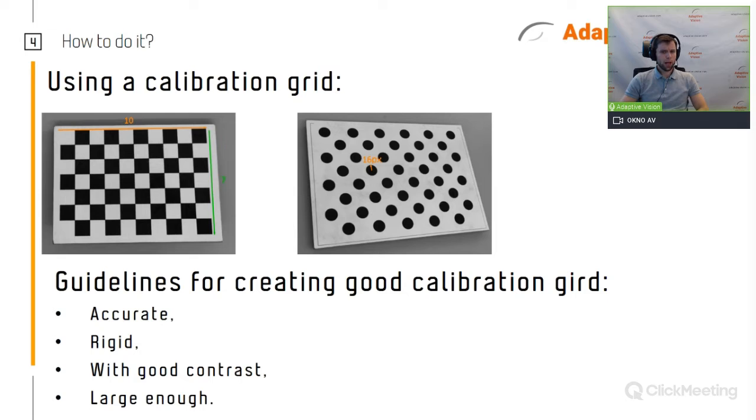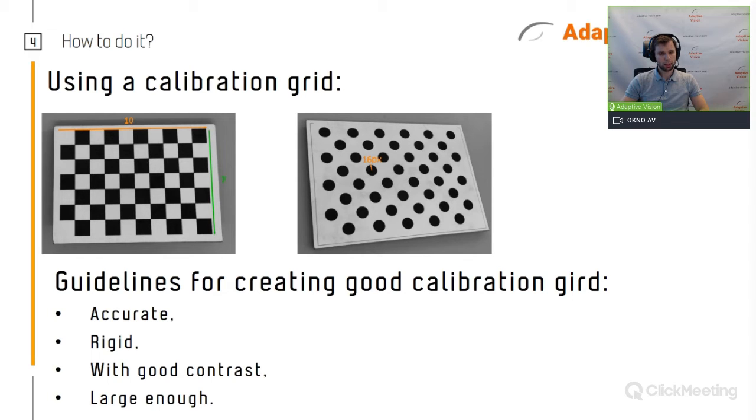As a rule of thumb, we should have about 100 levels of brightness difference between the foreground and background. Also, the features on the calibration board image should not be too small. A good assumption is that the circle diameter should be not less than 20 pixels.